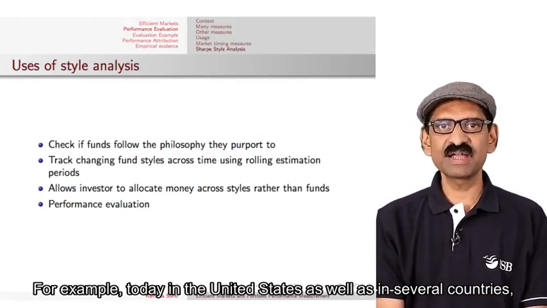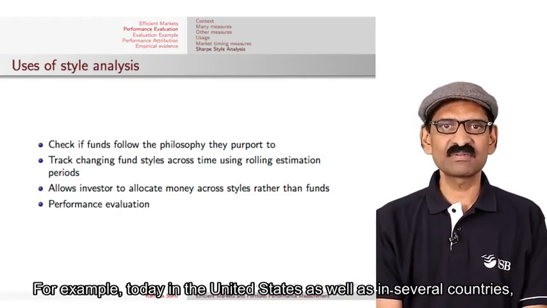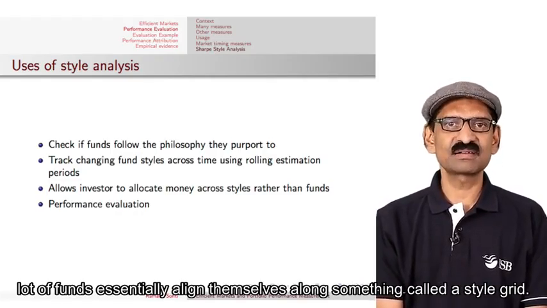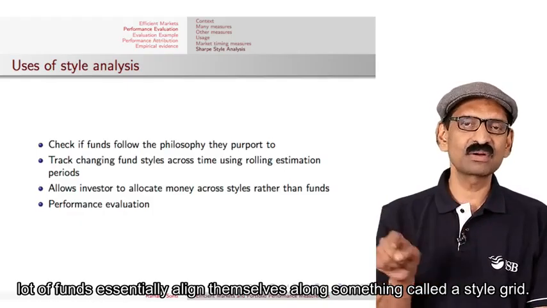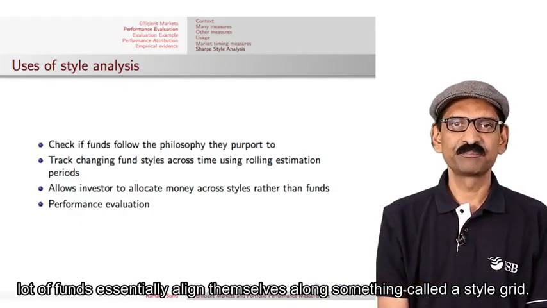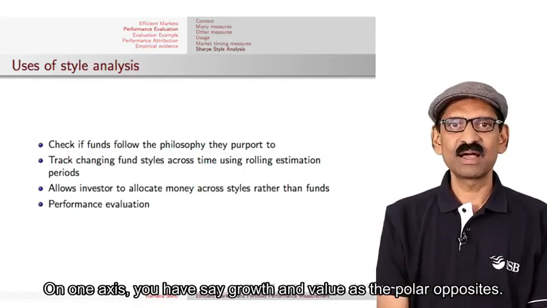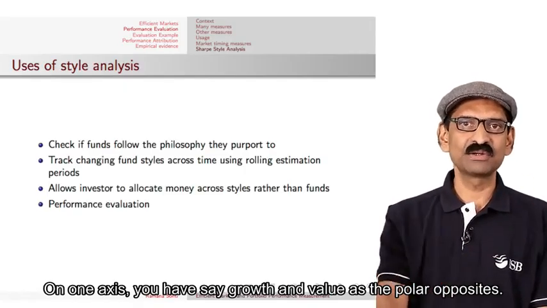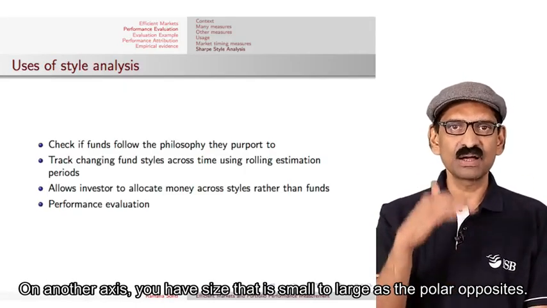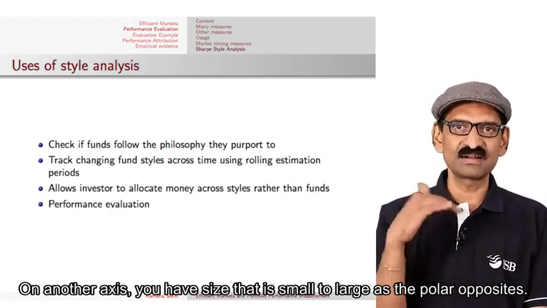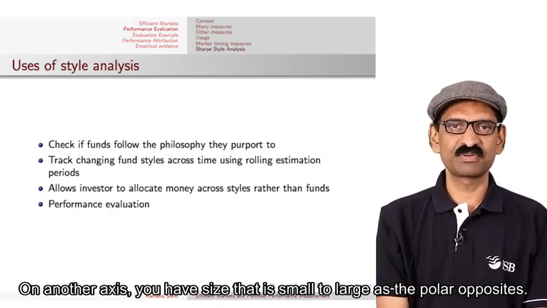So, for example, today in the United States as well as in several countries, a lot of funds essentially align themselves along something called a style grid. On one axis, you have, say, growth and value as the polar opposites. On another axis, you have size, that is small to large, as the polar opposites.